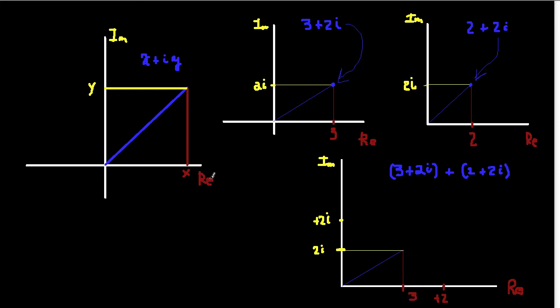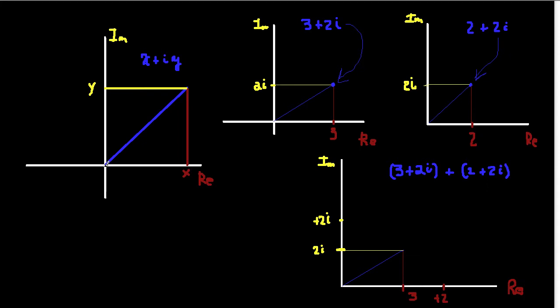Here we're going to let the horizontal axis represent the real part of the complex number, the vertical axis the imaginary part. It's called Cartesian because it's named after Rene Descartes, the French philosopher and mathematician, who may have been the first person to use this kind of notation. Actually, I sort of doubt it, but it's called Cartesian after Descartes.